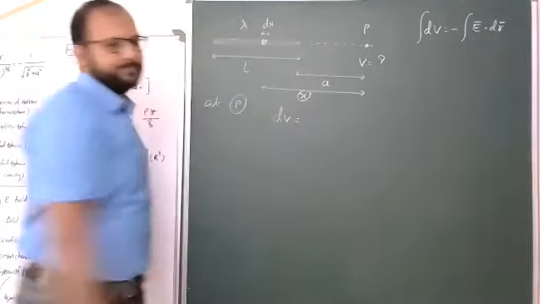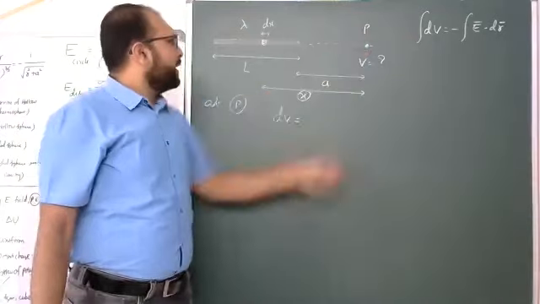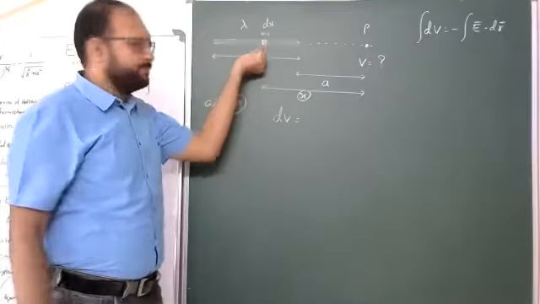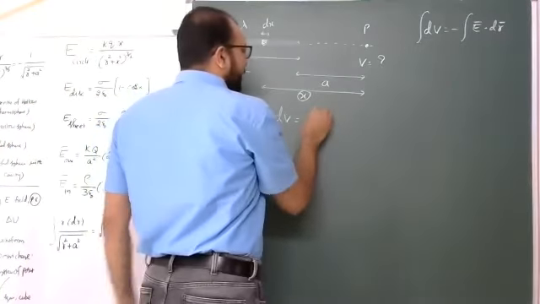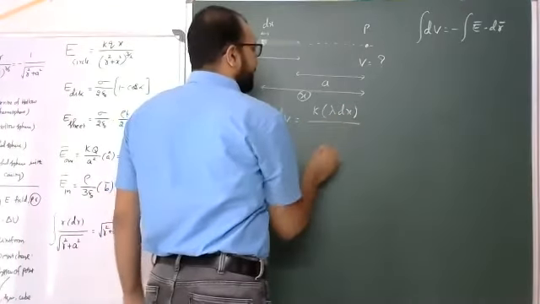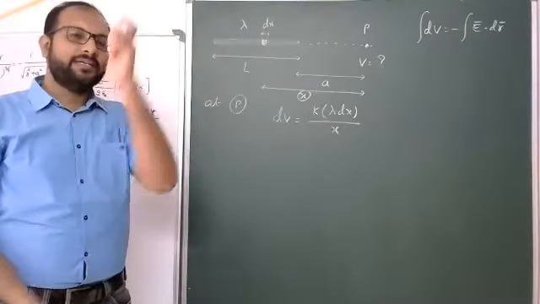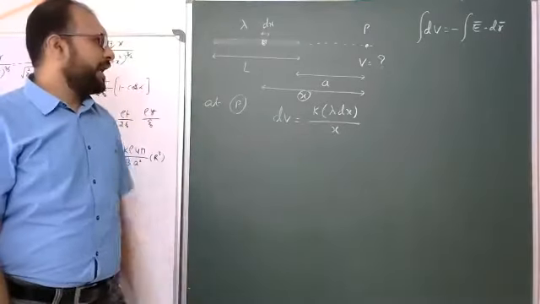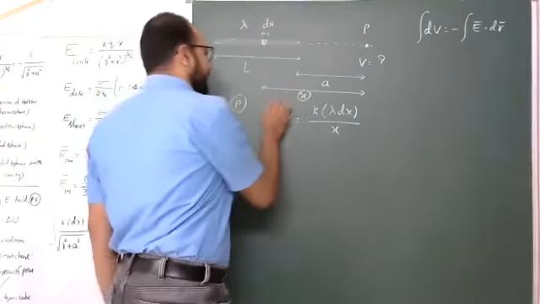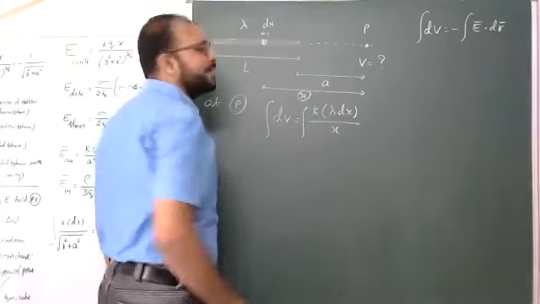So in the second method, students, the potential at point P due to only this small charge, looking like a point charge, is K into lambda into dx divided by x. This is direct, we know K Q by R, point charge potential, so K into Q is lambda dx by x. Now you can integrate for the net potential, with x limits from a to a plus L.